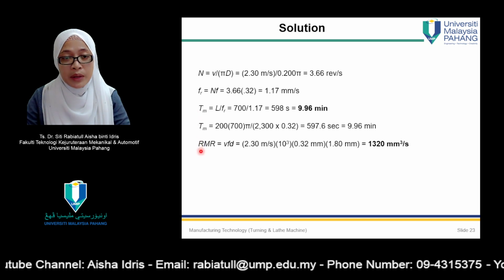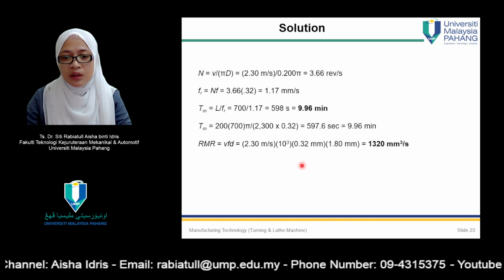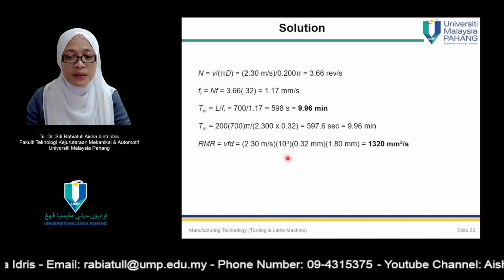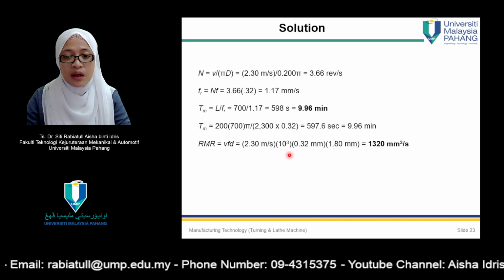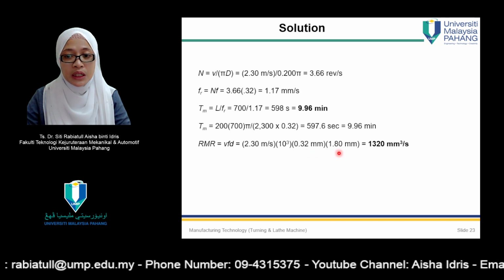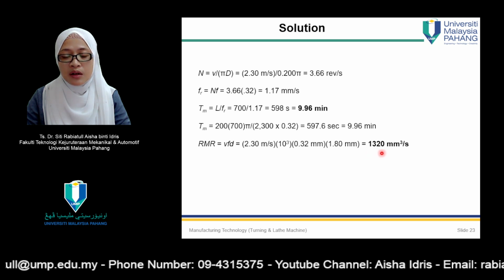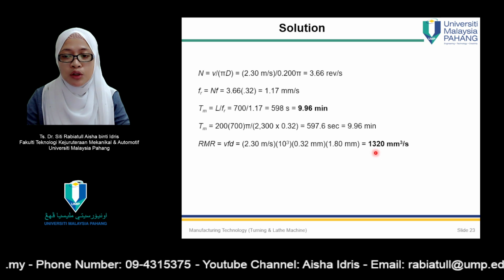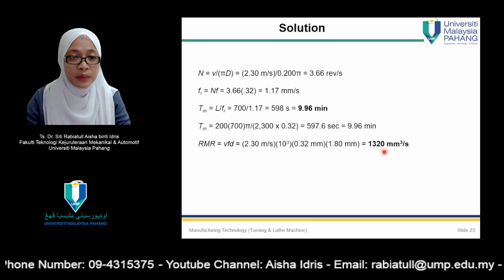And for volumetric material removal, using this formula, substitute all the information like the cutting speed, feed rate, and also the depth of cut. You should be able to get the value which is 1320 mm cubed per second.